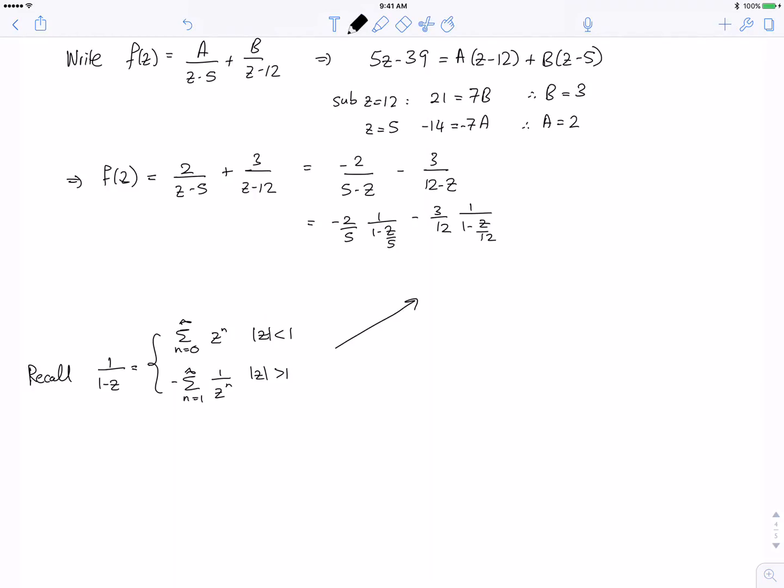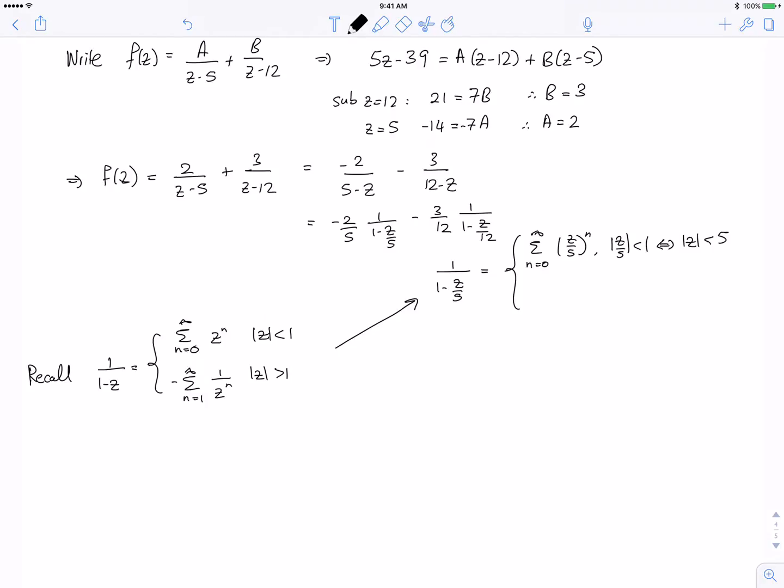If I replace z with z on 5, then 1 on 1 minus z on 5 is equal to the sum from n equals 0 to infinity of z on 5 to the power of n, if z on 5 is less than 1, or in other words, modulus of z is less than 5.